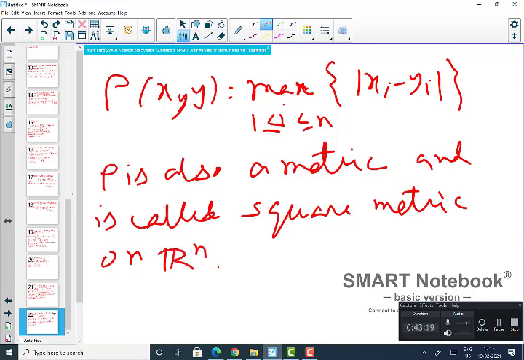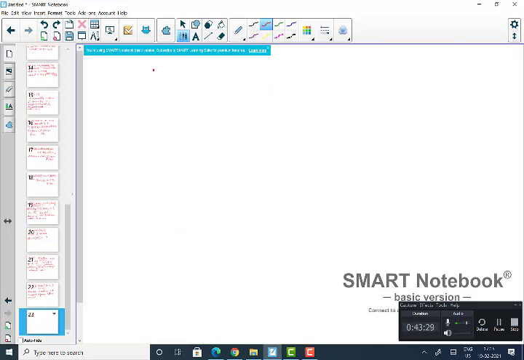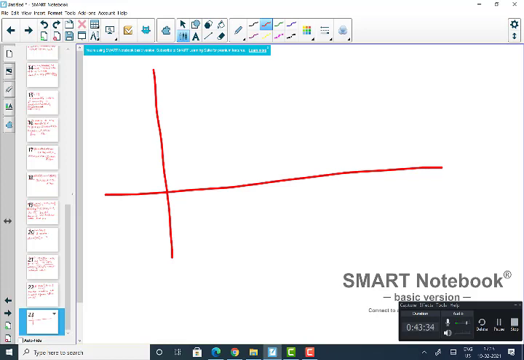So what does that mean? First of all you have to understand how the open ball looks. In the Euclidean metric, the open balls centered at 0 are circles of radius 1. But in the square metric, how does the open ball look?